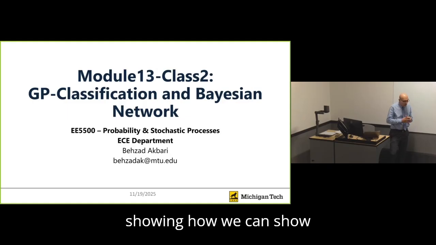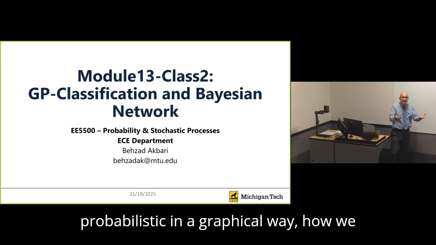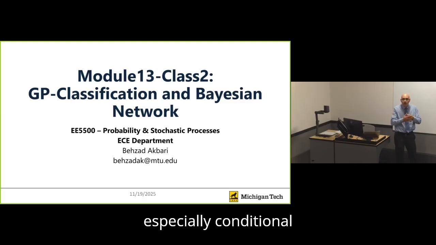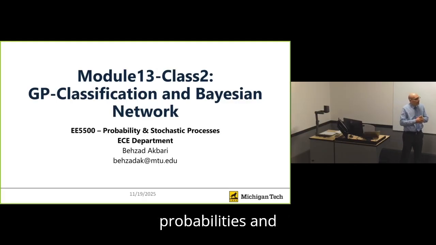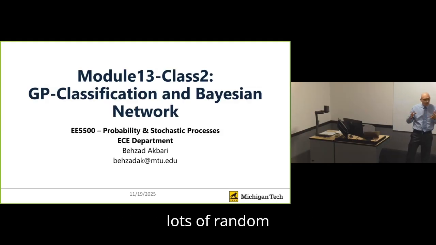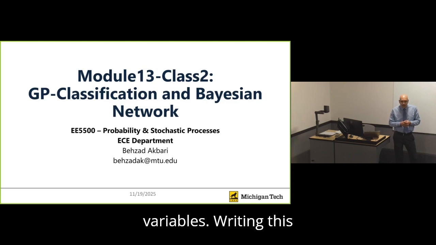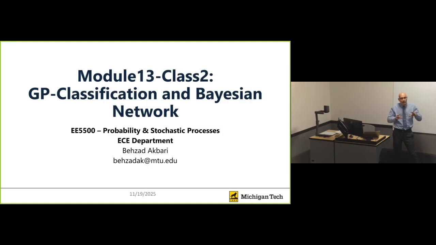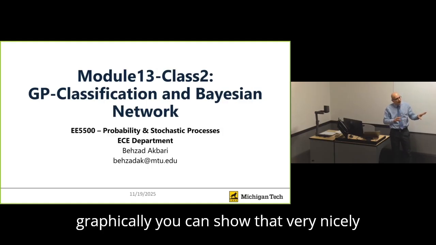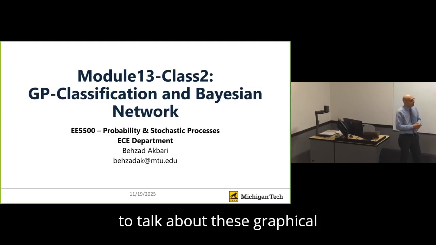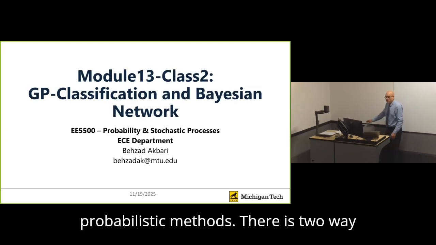They are all showing how we can show probability in a graphical way, especially conditional probabilities and chain rule, especially if you have lots of random variables. Writing this up is going to be a big formula, but graphically you can show that very nicely and everybody understands. So we're going to talk about these graphical probabilistic methods.